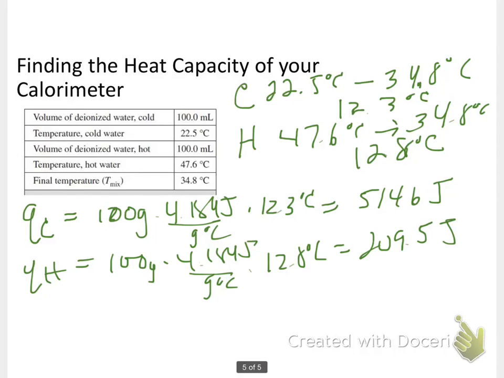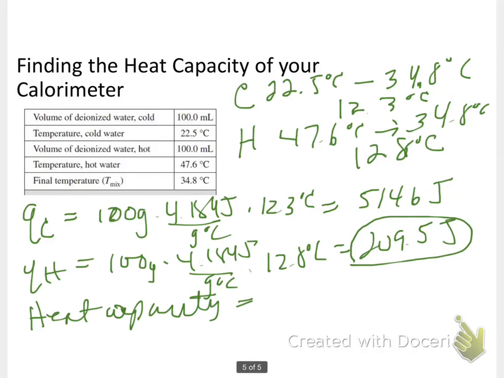So what this says is that the calorimeter gained 209.5 joules in this process. The heat capacity of the calorimeter is going to be the joules over degrees C. The joules is 209.5.